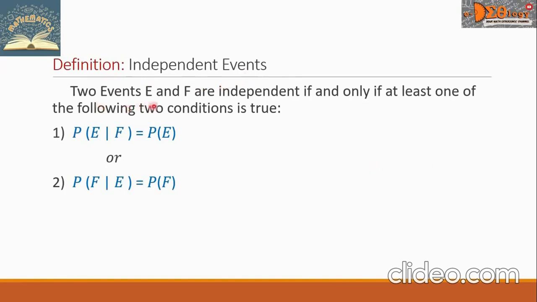Two events E and F are independent if and only if at least one of the following two conditions is true.